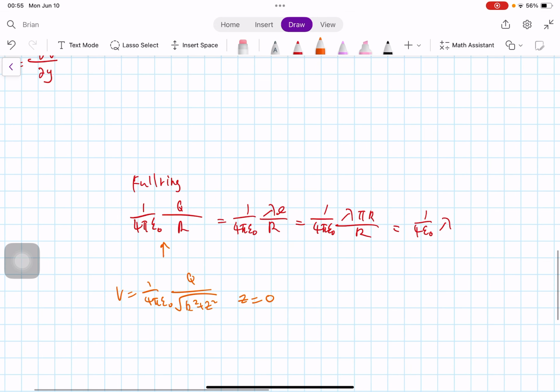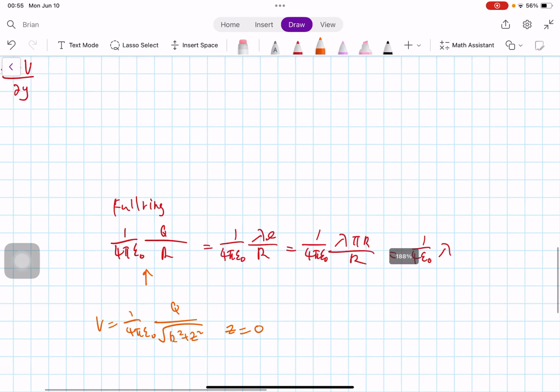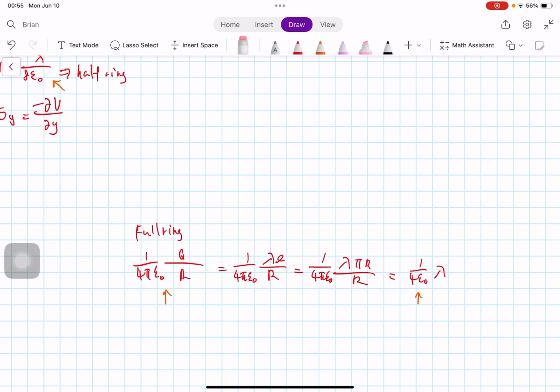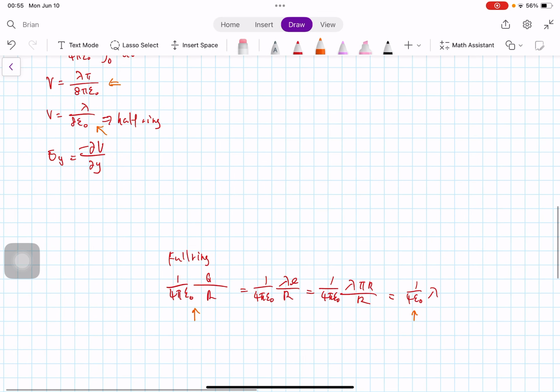If I do a little bit of algebra, I get this form, 1 over 4 epsilon naught times lambda. Notice how these two relate to each other. They only differ by a factor of 1/2, which makes sense because if I cut the full ring into a half ring, then I should have half the potential.